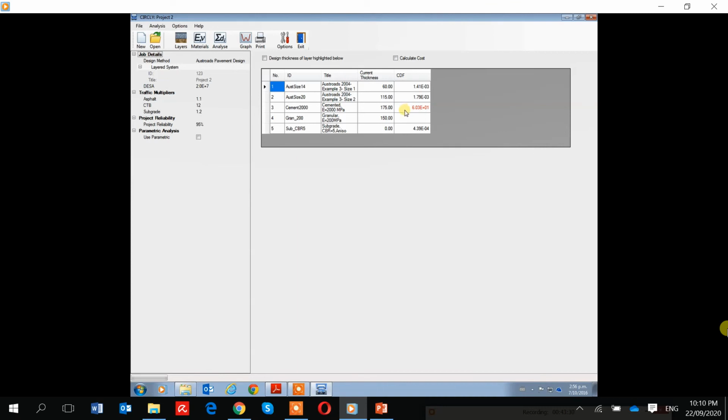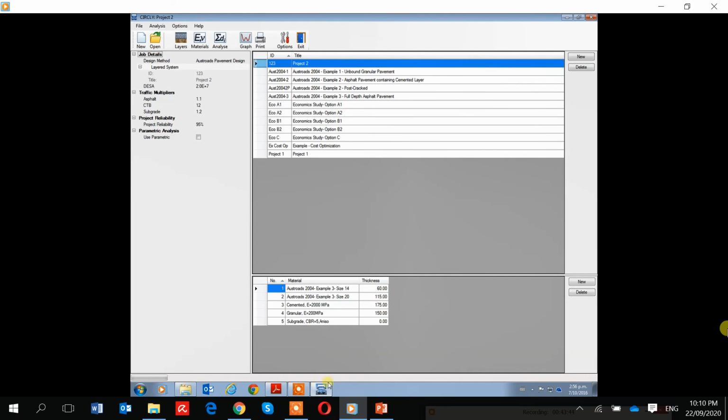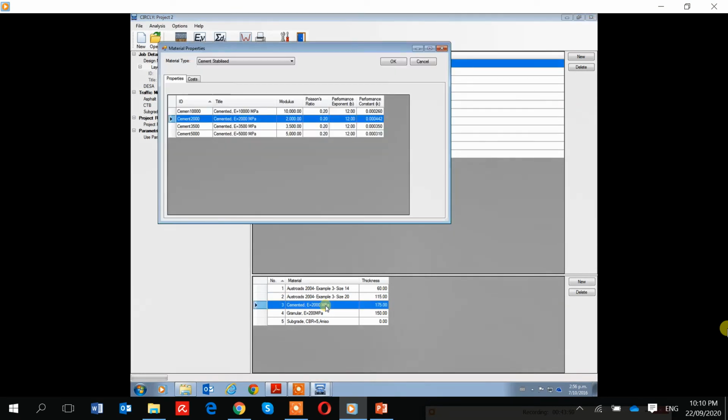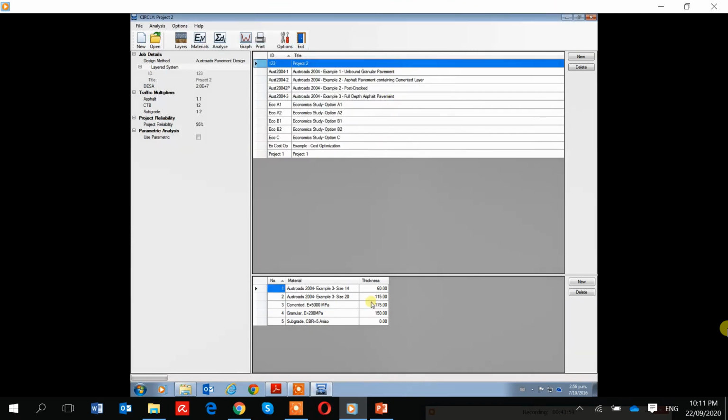So what we can do now is change the materials, for example a different modulus, or we can change the thicknesses. So we go back to layers. I want to change some of the material properties, I want to improve the properties. For the cemented material, I'm going to use 5,000 MPa instead of 2,000.